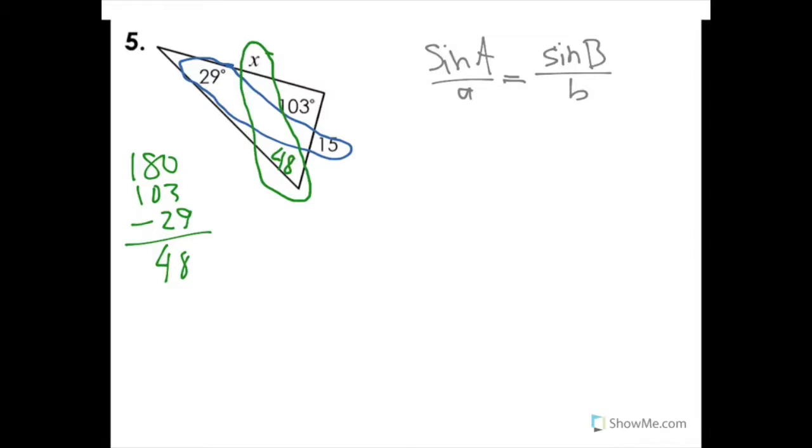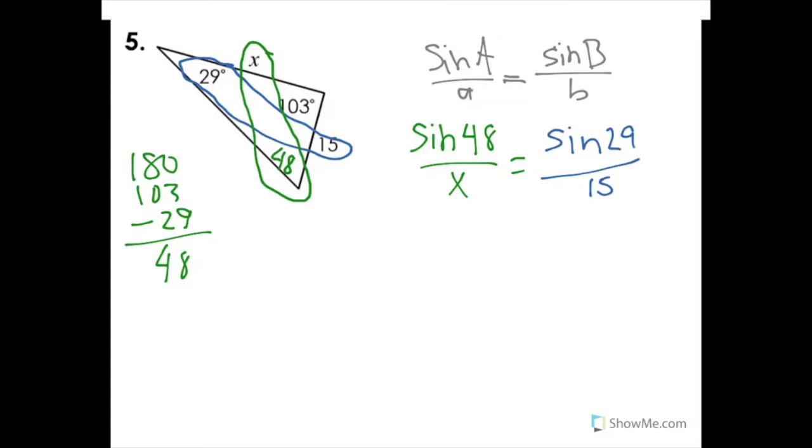You need that angle because that one is across from x. There's nothing across from the 103. So that 103 is only there to help you find the angle that's across from x. And now we can plug into our proportion. So the sine of 48 over x is equal to the sine of 29 over 15.